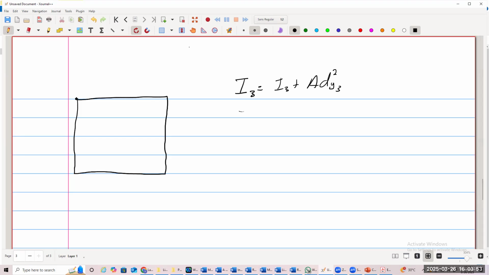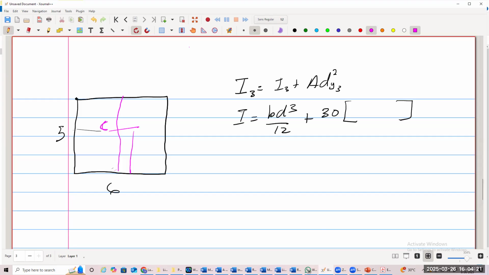So this one is going to be BD cube upon 12 plus the area of the figure, which was 30, times D, and we need to work out what our D is. Let's proceed. So this was 6 and this was 5. We have this figure across here in the center. Your centroidal axis is 3.8, which is not the center, somewhere up here. All right, I think that one is wrong.